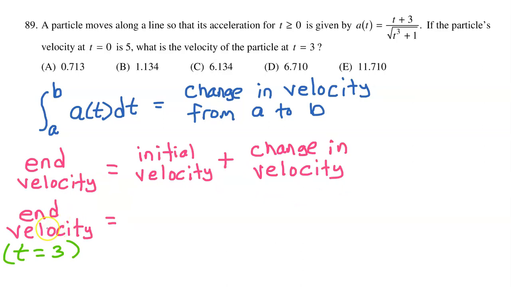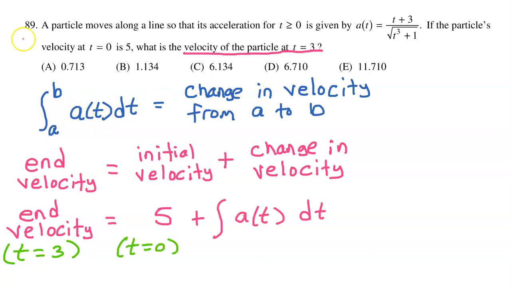In this case, the end velocity, or the velocity of the particle at t equals 3, will equal the initial velocity, which is 5, the velocity at t equals 0, plus the change in velocity. And we just decided that the change in velocity will be the integral of the acceleration.